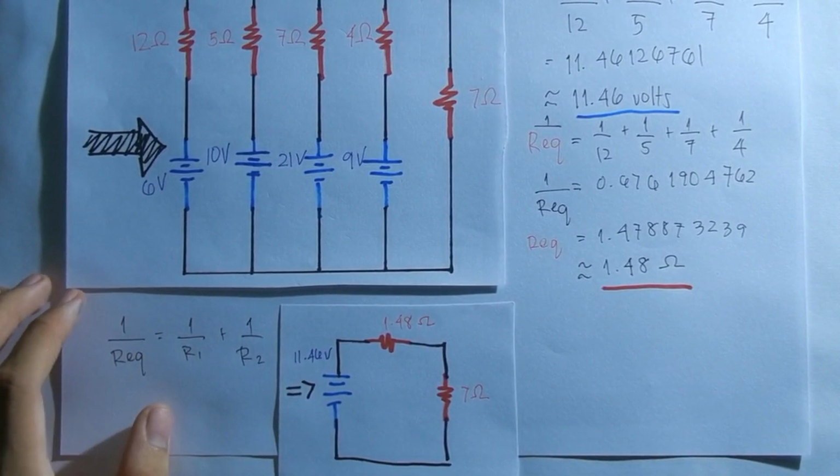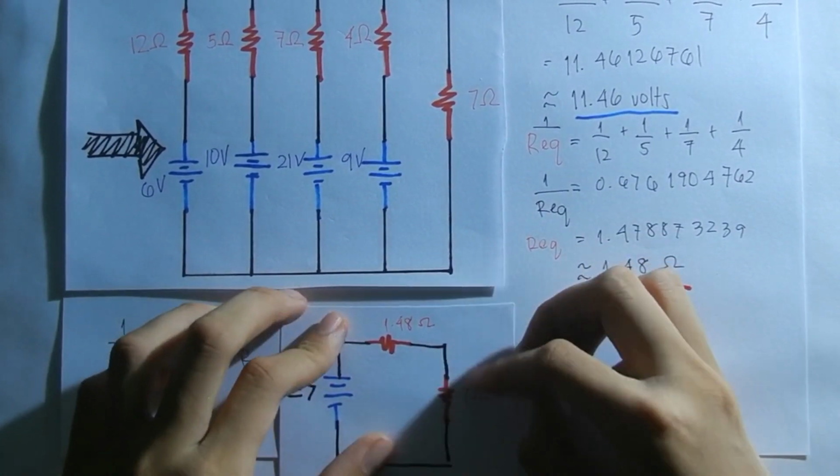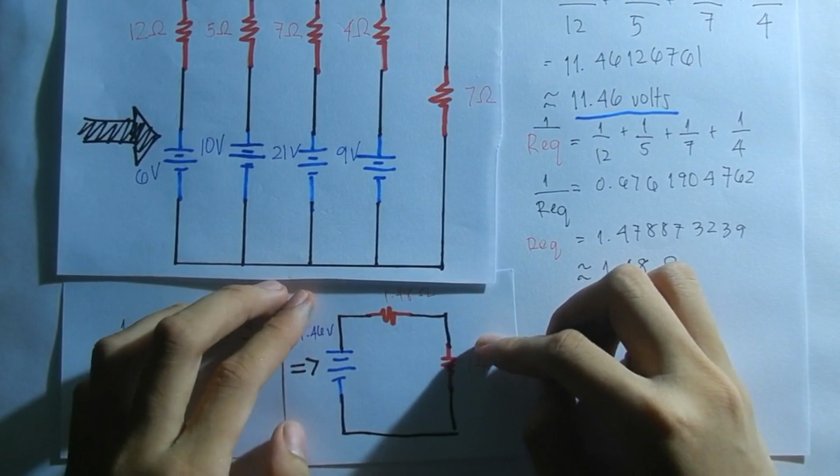We are asked for the current through the 7 ohm resistor.